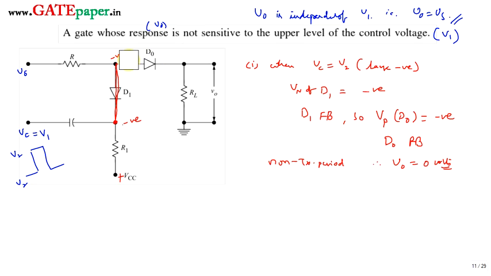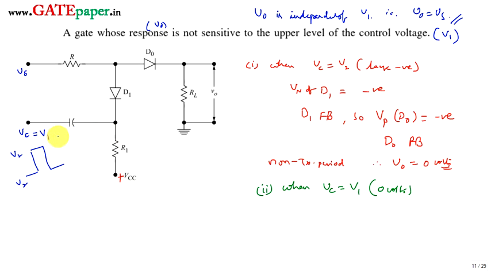Now we will see the second case, when Vc control voltage is at V1, that is it may be either 0 volts, ideal value.